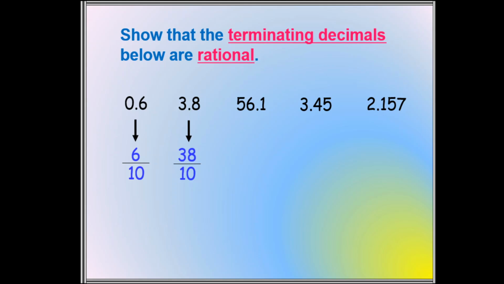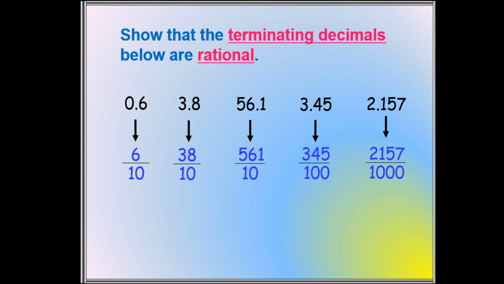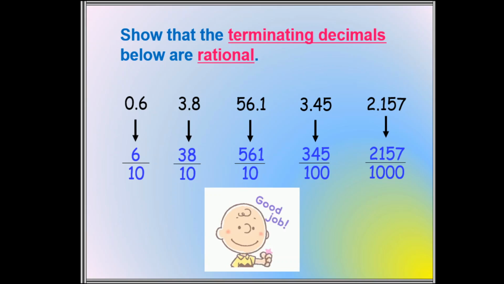What about 56.1? Correct, it's 561 over 10. And 3.45 is equal to 345 over 100. Lastly, we have 2.157, which is equal to, correct, 2,157 over 1,000. Good job.